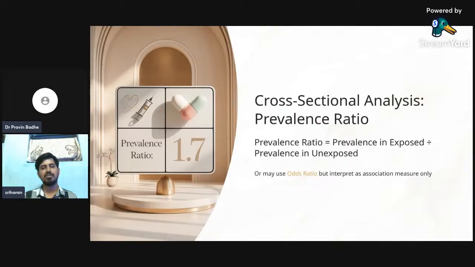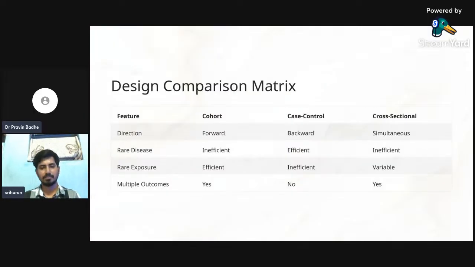Period prevalence means we take a period, like 2005 to 2006 or 2010 to 2012, a specific period in which we conduct the cross-sectional study. Based upon our study, the appropriate type is applied. Sometimes the odds ratio is also applicable in a cross-sectional study.